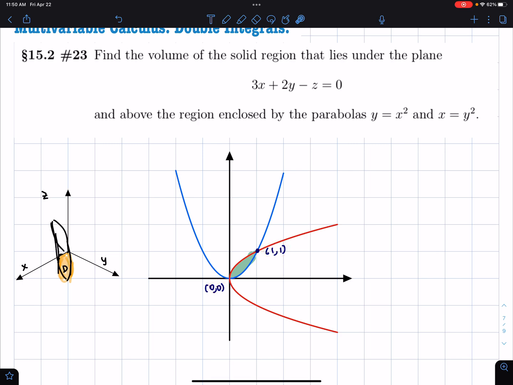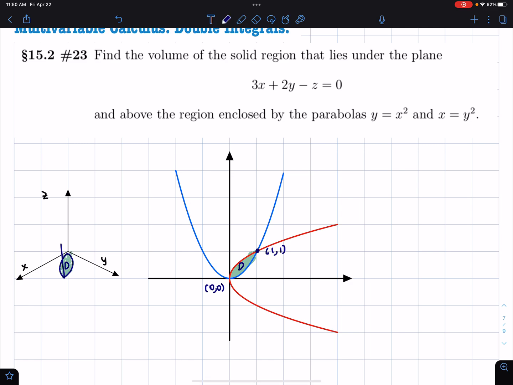These are points that are on both y equals x squared and x equals y squared. So this is our region D. You can see why I had a little bit of trouble drawing this picture. I think I could do something that's okay. D's like this. But that is the floor of our little house here.